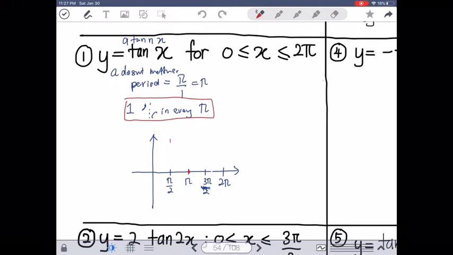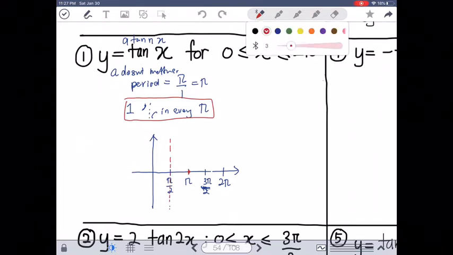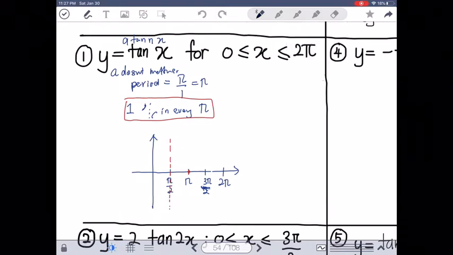Meaning that in the middle will be the asymptote, and the graph will look something like this. And for the next pi here, again the same thing.